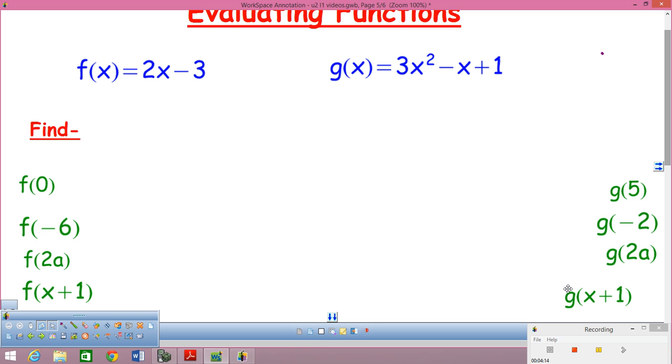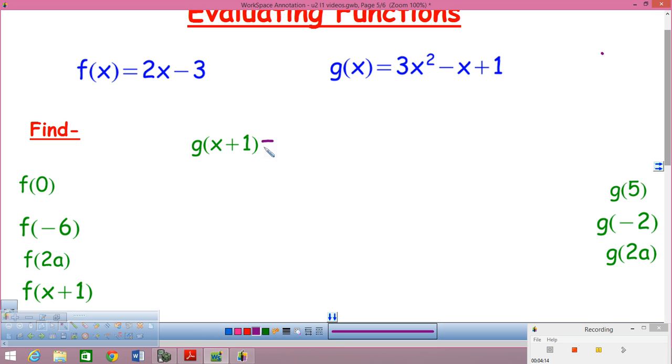our algebra here. We're going to put x plus 1 into this g function. So here we go. Same process. 3. This x comes out, and x plus 1 replaces it, and that squared is on the outside.